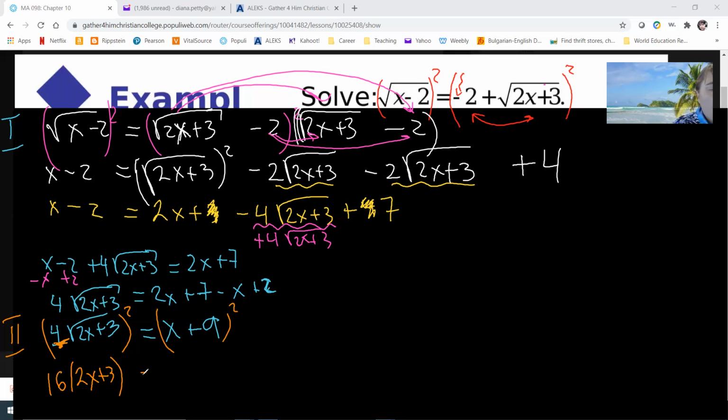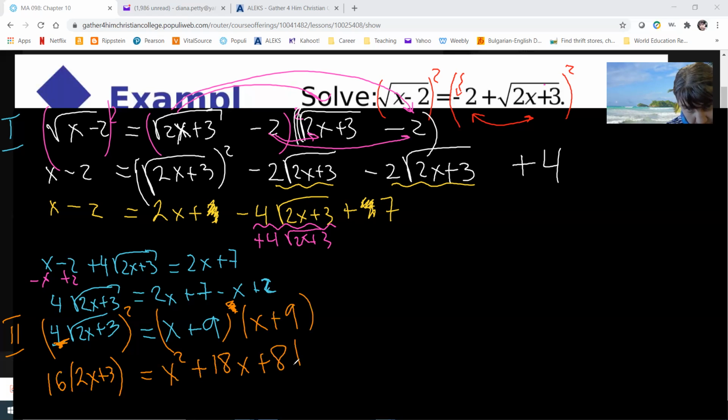On the other side, we have to FOIL it. So here, x plus 9, I just wrote it next to it on top, right? So now, FOIL it. So it's going to be x squared plus 9x plus 9x, which is 18x, plus 81. Let's slow down a little bit.